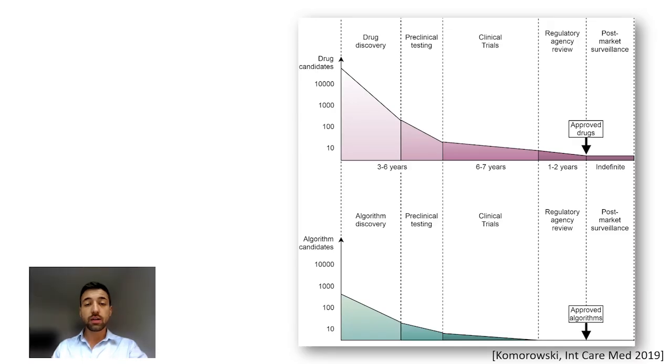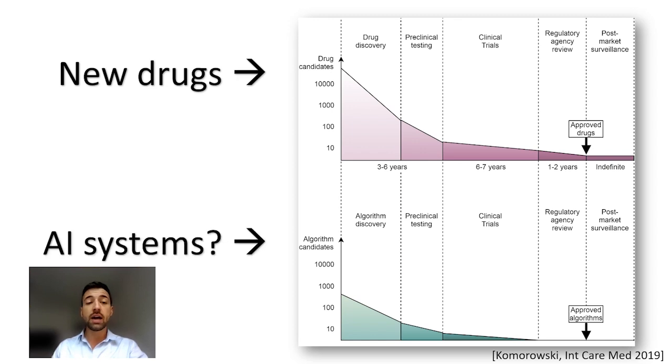However, I would argue that there might be hope if, for example, we compare the process of developing drugs by pharmaceutical companies to the process of developing those new AI tools. In the pharma company world, they start with thousands, tens of thousands of drug candidates, and then they screen those drugs, those molecules.